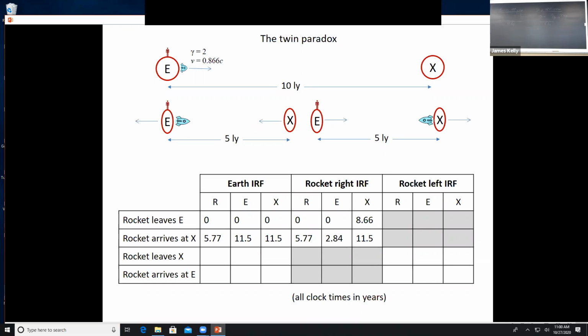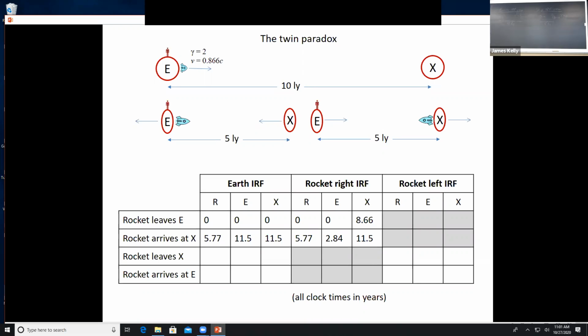We all agree on that. How much the rocket clock has ticked off. Can't think of the right word for it. And therefore, when we find the, well, let's see.